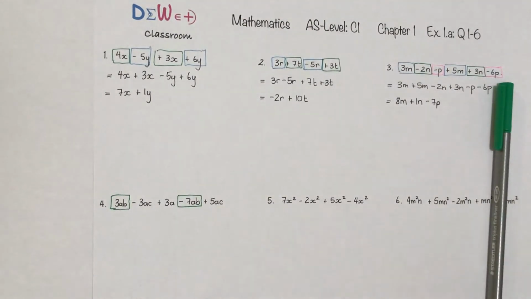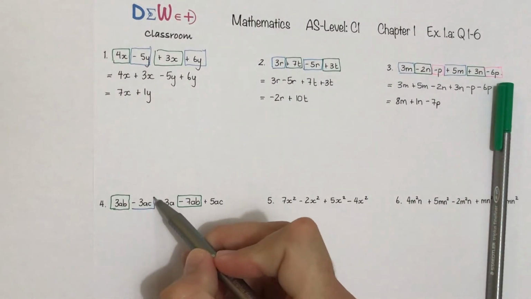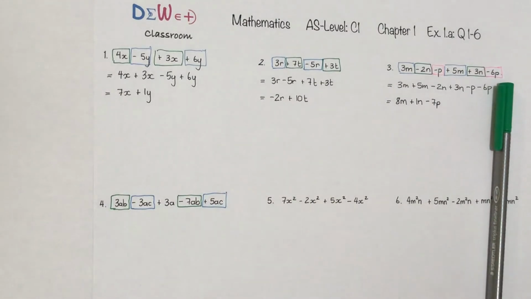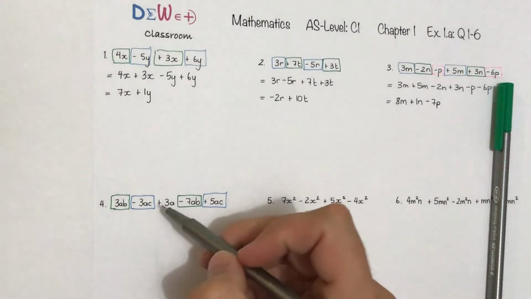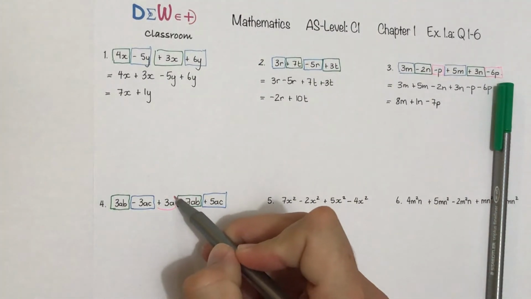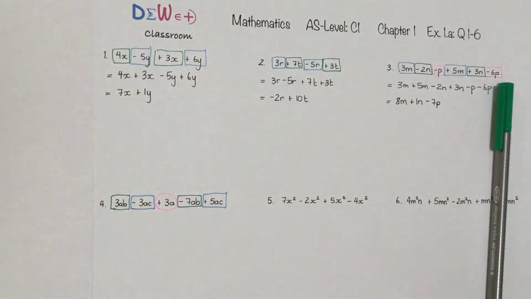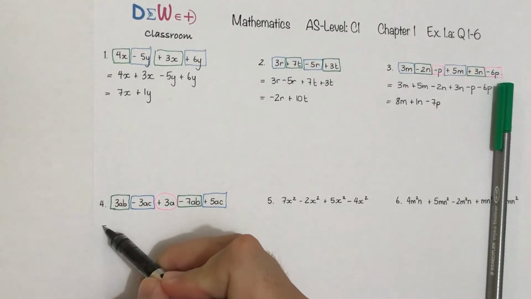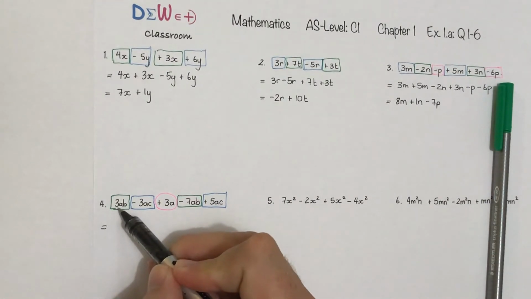We then also have minus 3ac and plus 5ac, and you can clearly see there is only a single term plus 3a.